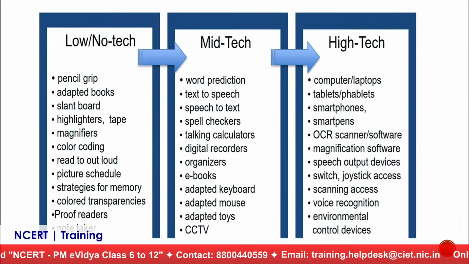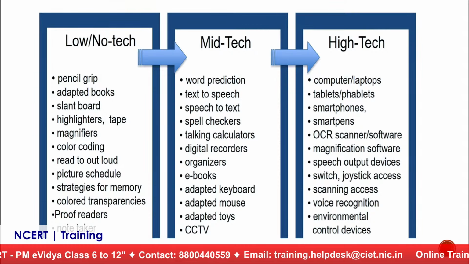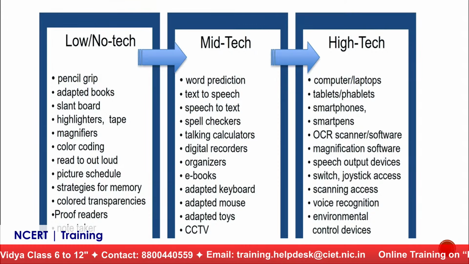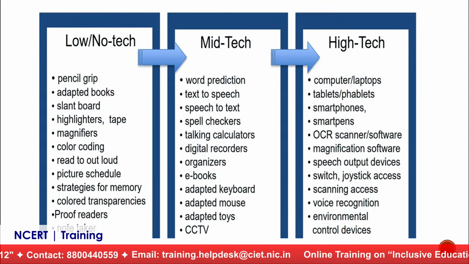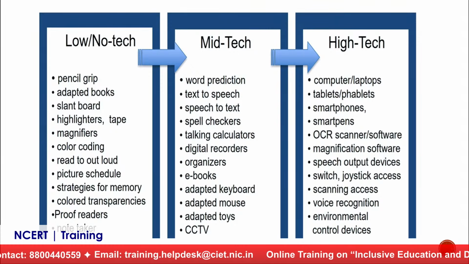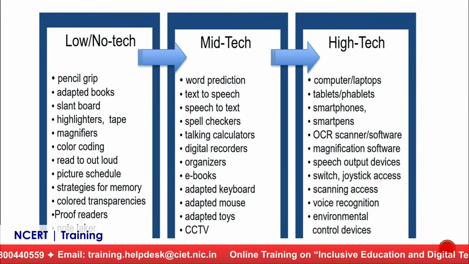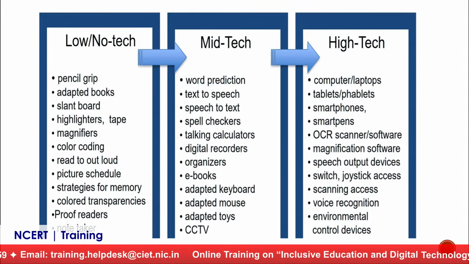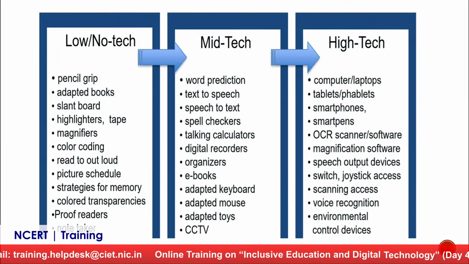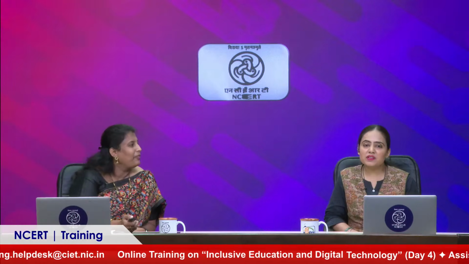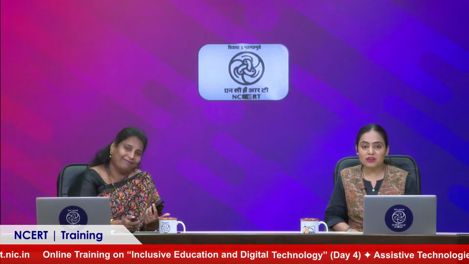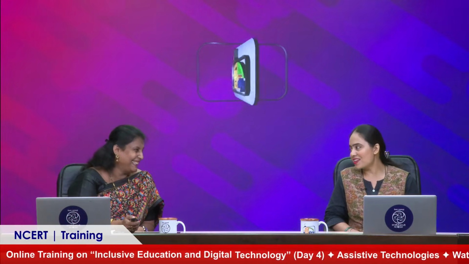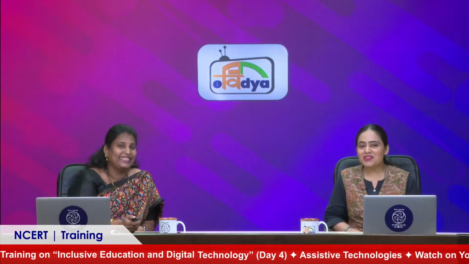So, adapted mouse, adapted keyboard, even the remote which we use for the TV and for the AC, everything is slowly getting universal design so that everybody can use it in the same manner. You can relate it to the fact that as the size of houses in urban areas gets smaller, the furniture size is also getting smaller, so that it can be customized.